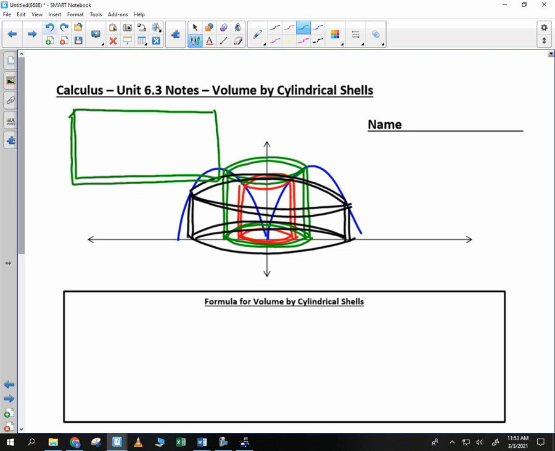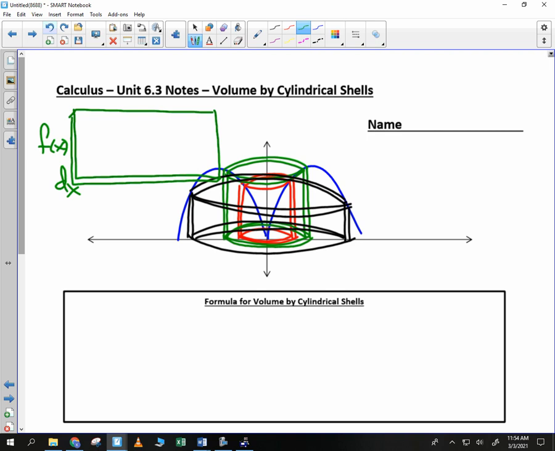Does it have horizontal width or does it have vertical width? Dx. Ooh, if I have a rectangle, I know I need the height and the length, right? Can somebody tell me what determines the height of the rectangle? The function. Well, that was easy.